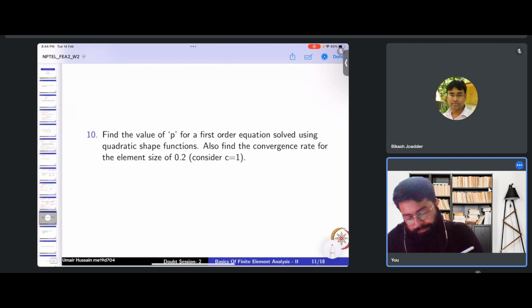So we need to find P, right, of a first. What's the expression for P? Is it K minus 1?